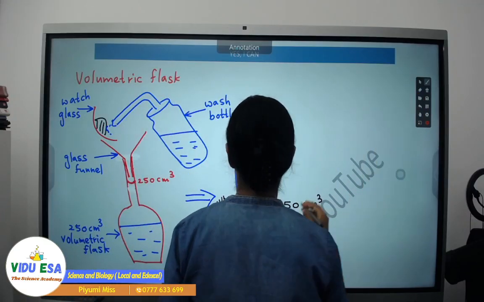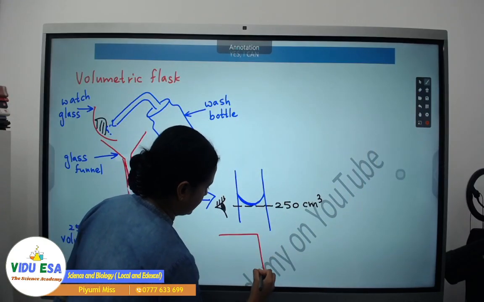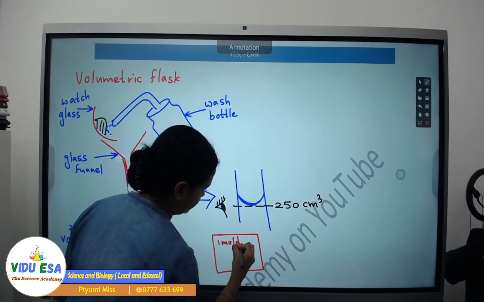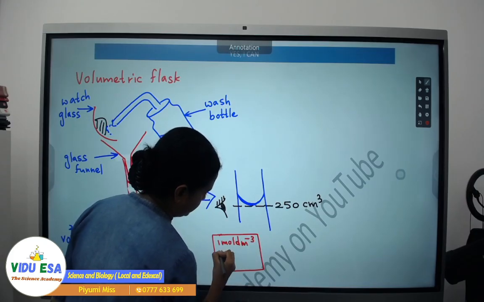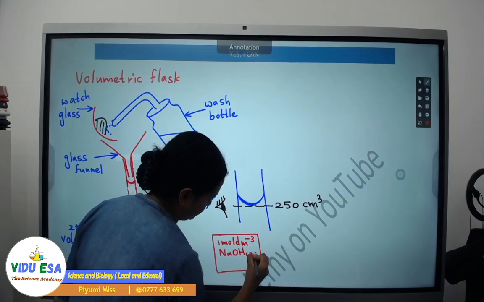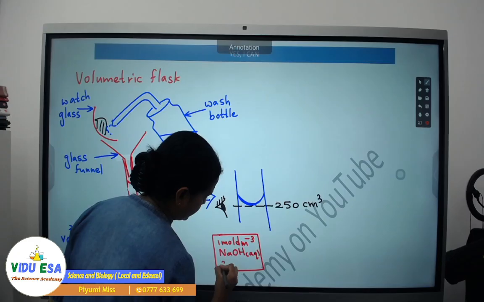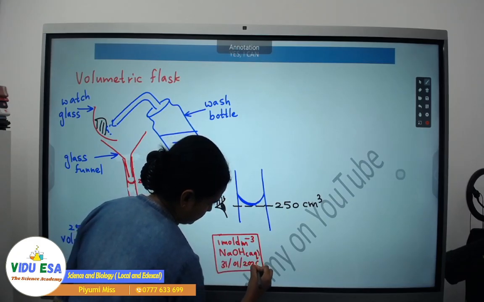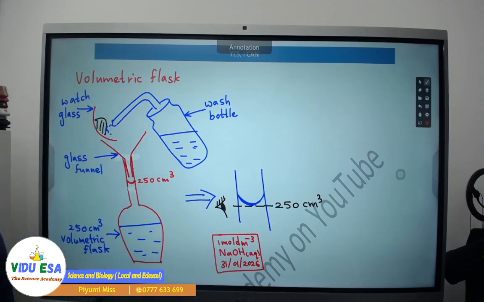So in the label, you can include 1 mole per cubic decimeter, sodium hydroxide aqueous solution, and the date of preparation. You can attach that label to the volumetric flask. That's all.